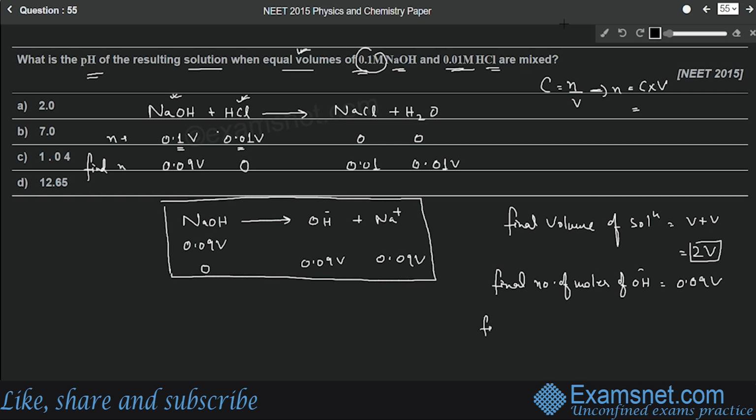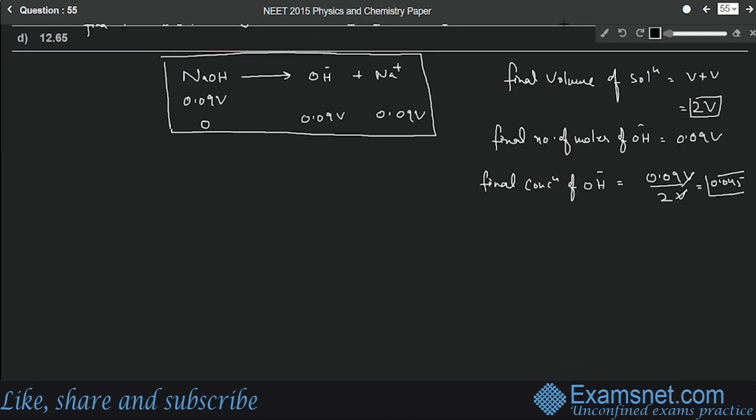So what will be the final concentration of OH minus? It will be equal to number of moles divided by volume, right? So 0.09 V divided by 2V. V will get cancelled and it will be equal to 0.045. This is the final concentration of OH minus ion. Got it? So what we have got? We have got the concentration of OH minus ion, that is equal to 0.045.